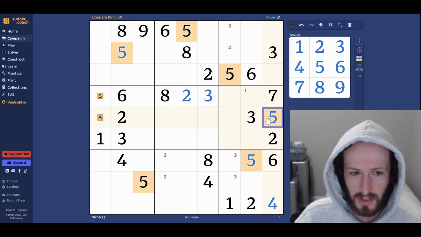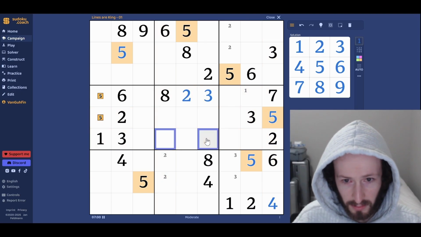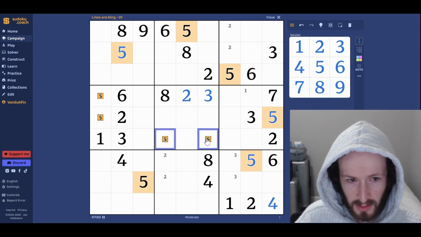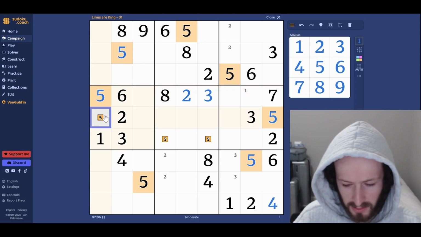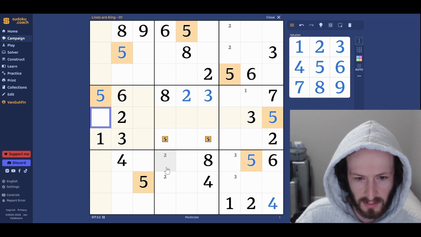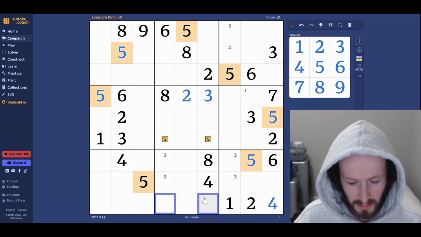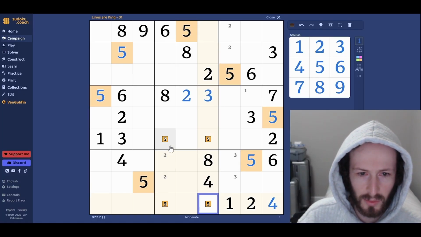That's also a 5. So one of these two is a 5. And that is also a 5. Got it. And then this is the 5 pair for the last 2 boxes.